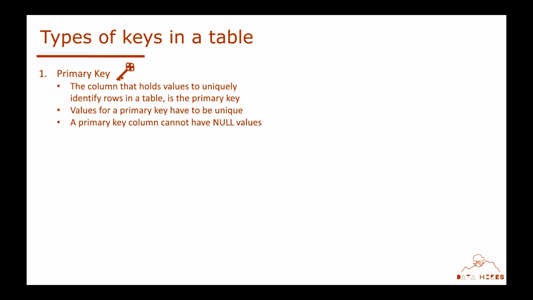No values can be duplicated in the same column for a primary key column. And a primary key column cannot have null values. We'll look at examples of what null values look like when we get to databases, but null values basically just mean no value. So none of the values in a primary key column can just be blank.